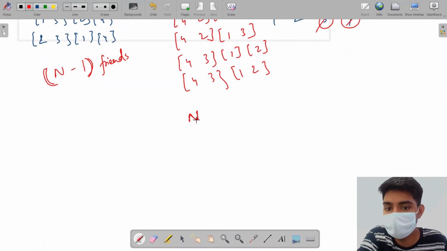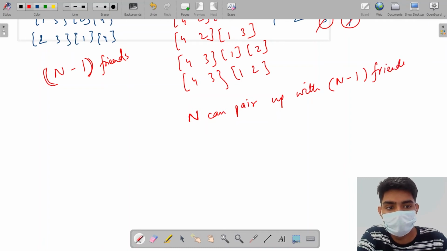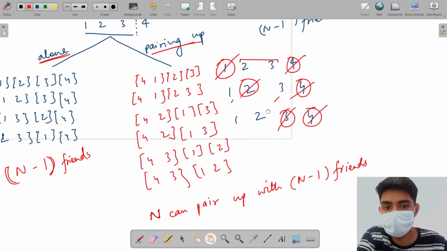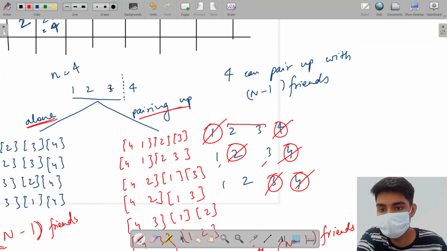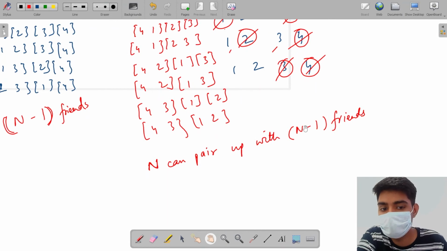If n is pairing up, n can pair up with n minus 1 friends, right? N has n minus 1 options to choose from. For n equals 4, 4 can pair up with 1, 4 can pair up with 2, 4 can pair up with 3. So for n, it can pair up with n minus 1 friends.